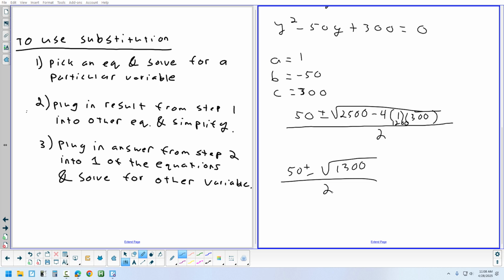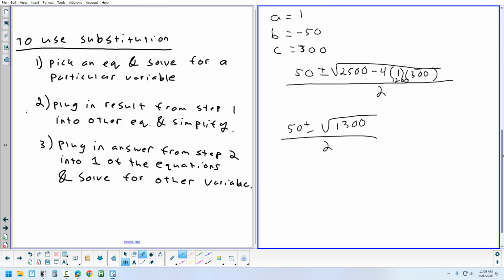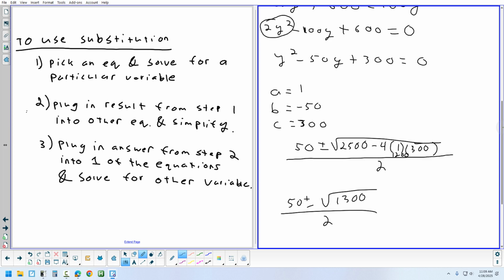So we've got 50 plus the square root of 1,300. That's the numerator. And then divide by 2. I get 43.03. Now, when you're solving a quadratic, you always get how many answers?